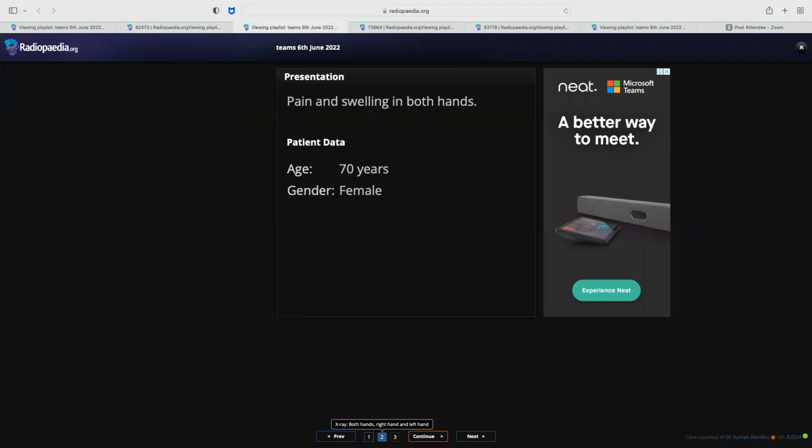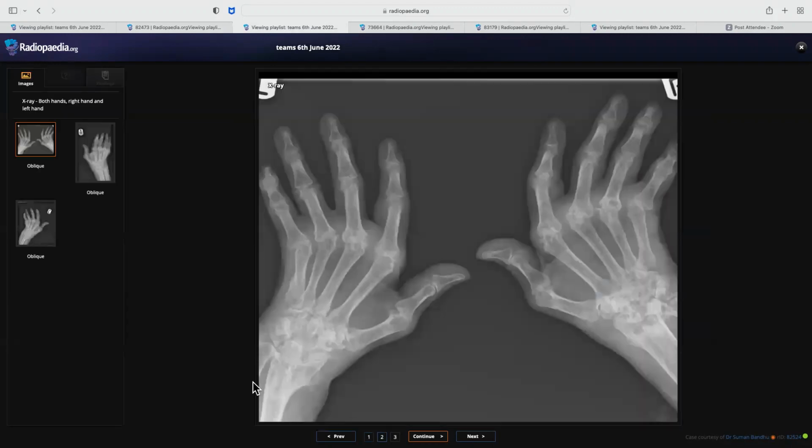Pain and swelling in both hands. 70 years old. Okay. So this is actually the frontal radiograph of both hands in a 70 year old.